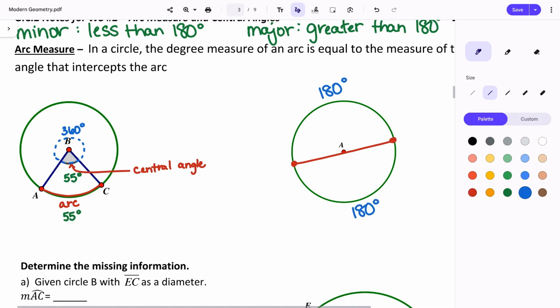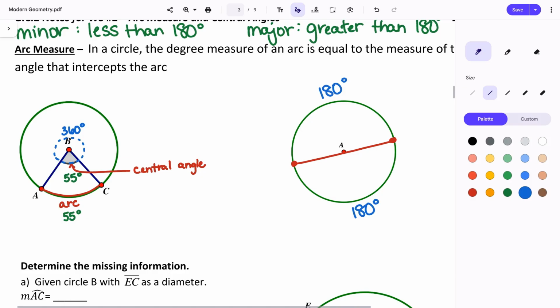If you see a diameter in the circle, or they mention a diameter in their description of the picture, you can use that information to help you find angles. Because if you know the whole side is 180 and they're cutting it into smaller parts, and maybe you know some of them, or they give you information about how they relate to each other, you could then figure out how much they are.